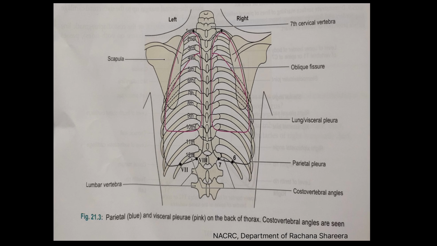These are the points we mentioned in the last slide. Point number 6, 7, 8. These are points from the back side. These are points from the front side. We discussed them in the last slide.